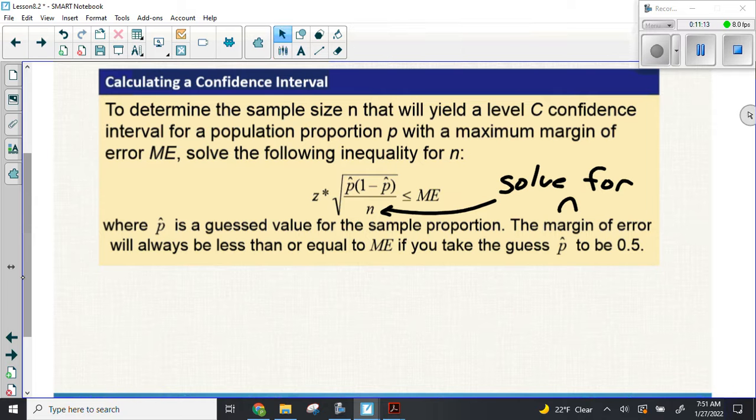So you'd be given a problem where you're asked to find the sample size that will give you a desired margin of error. And you'll use this formula and solve for n, right? This is just z star times that sample standard deviation.